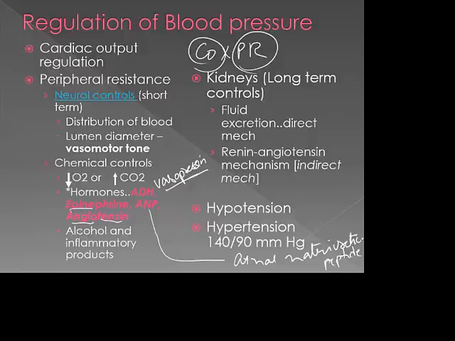Very good, sodium. Uretic, uresis means urine. So that means sodium is being passed out in the urine. When sodium goes out, it takes water with it. So an atrial natriuretic peptide actually removes sodium and water, so it decreases blood pressure. All these three increase peripheral resistance. ANP decreases peripheral resistance, so it decreases blood pressure.